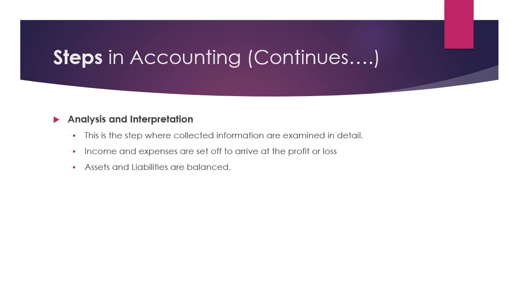Analysis and interpretation is the step where collected information is examined in detail. Income and expenses are set off to arrive at the profit or loss, and assets and liabilities are balanced to know the position of the business.